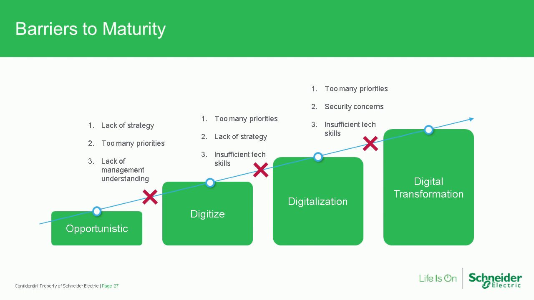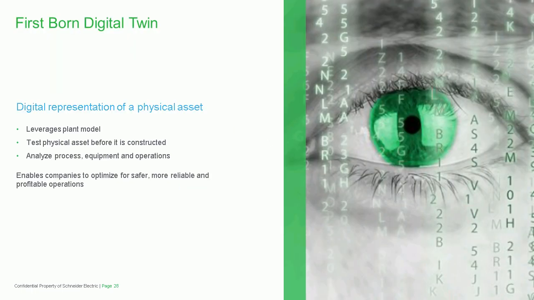So as companies become more mature, technology outcomes like cybersecurity have become increasingly important. Those are the main barriers that we see that companies overcome as they mature.